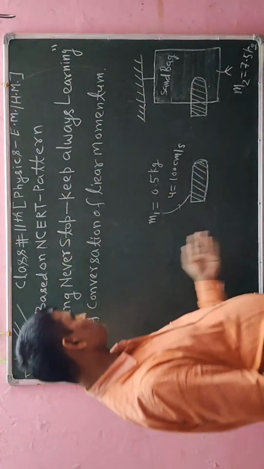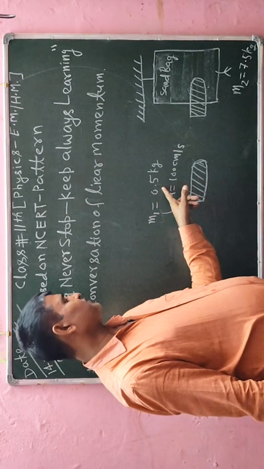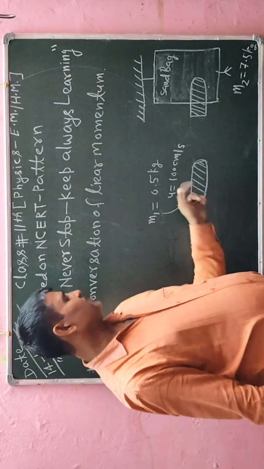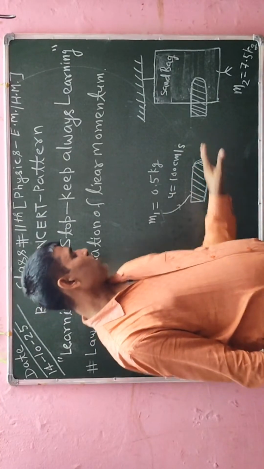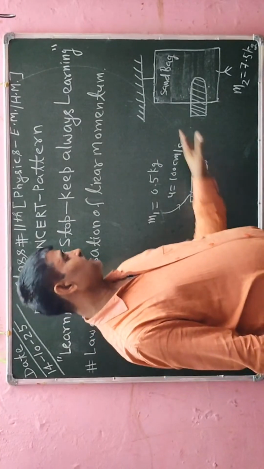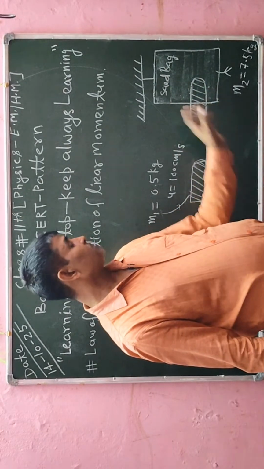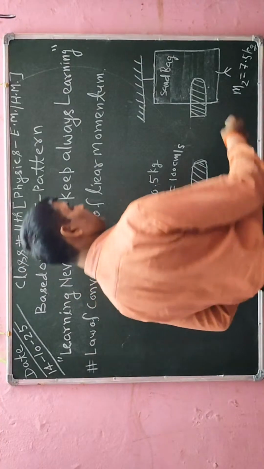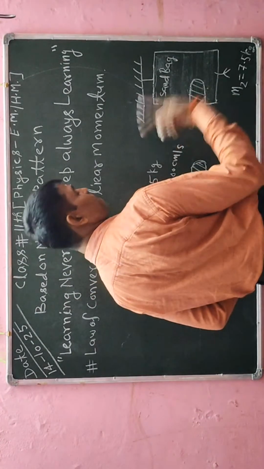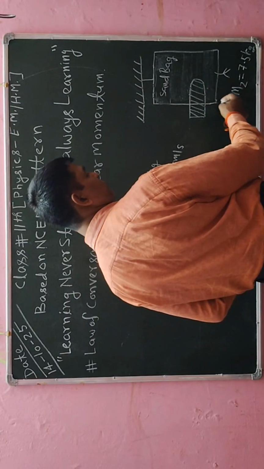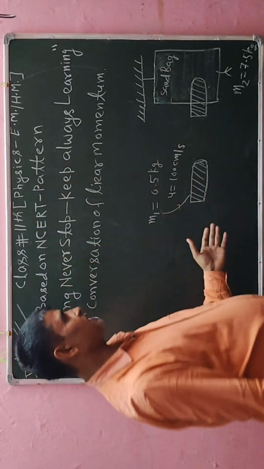Now this object has mass 0.5 kg and initial velocity 100 centimeter per second. Now this object is inserted inside the sand bag, and this object exerts a force on the sand bag. We have to find that force. Okay, so this is the diagram.